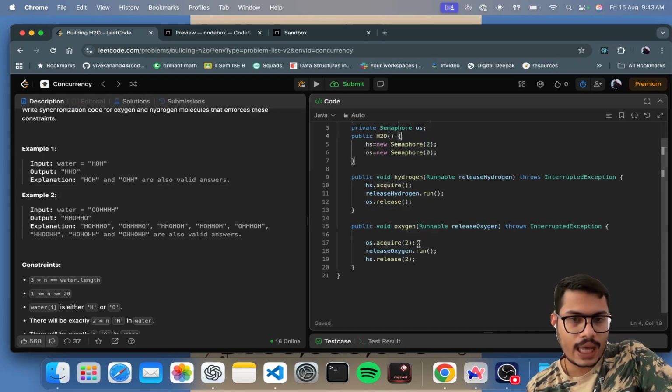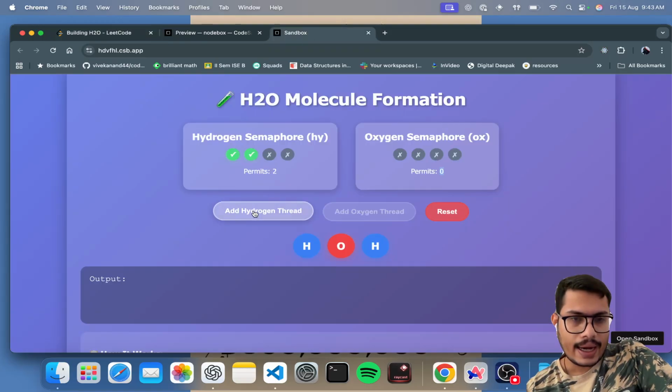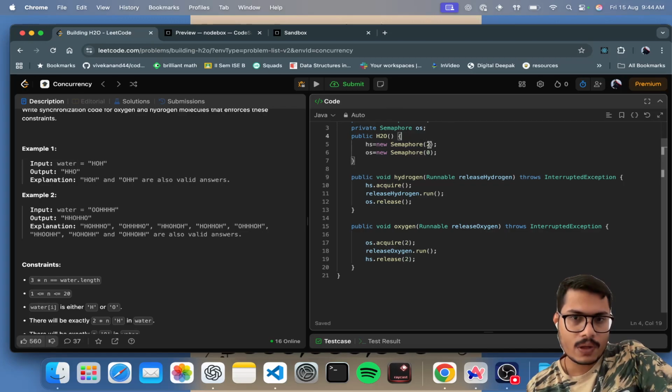So when will that happen? When I run a hydrogen the very first time, I'll release this, right? The oxygen semaphore will be released. Whenever the release happens, my counter goes up by one here. Let me add hydrogens. Now the oxygen permit requirement is 2 because initially we declared it to be 2. What will happen?